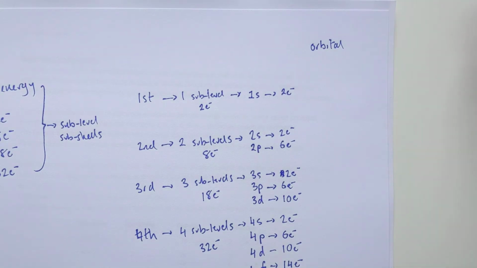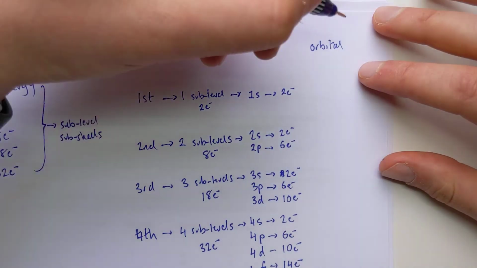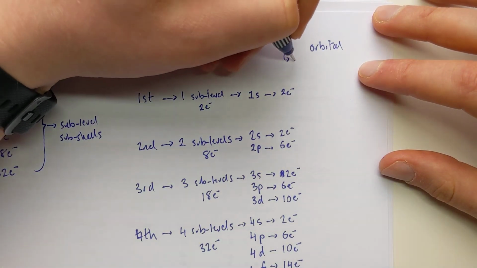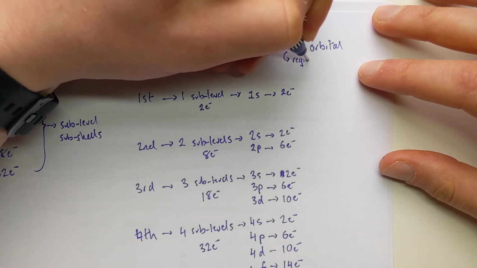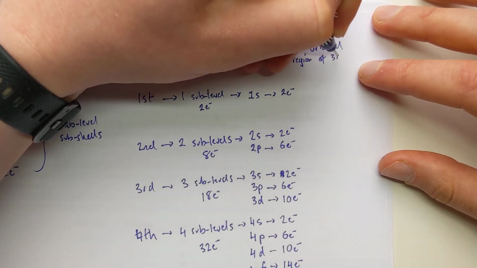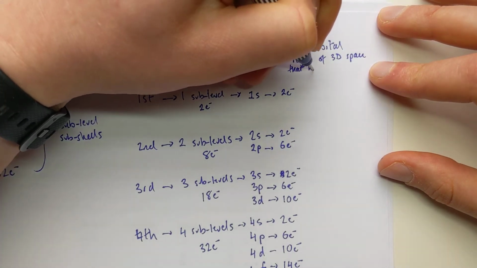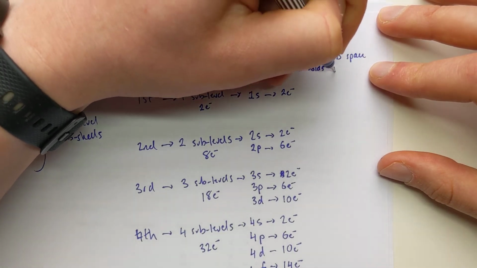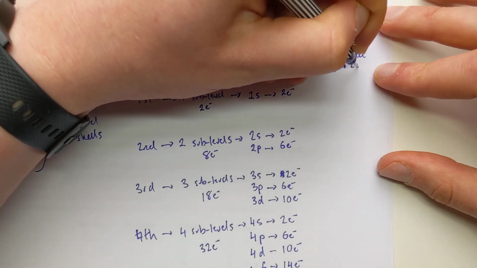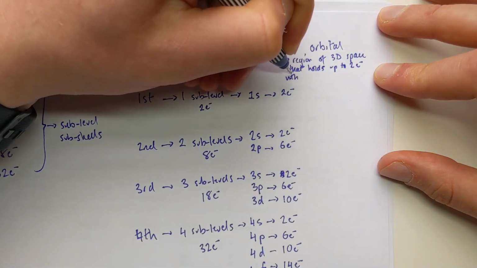What an orbital describes is how the electrons are sat around the nucleus, or in the electron shells or energy levels. An orbital is a region of 3D space that holds up to 2 electrons with opposite spins.